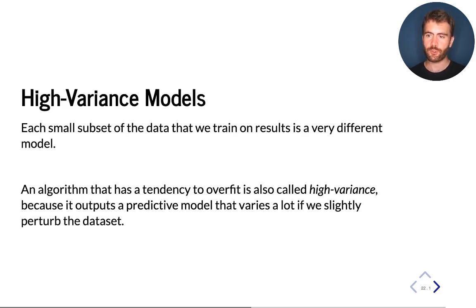If we slightly perturb the data set, so if we were to slightly change one of our points, the shape of the polynomial in the bad regions would change dramatically. And because performance changes so much depending on these small perturbations in the data set or small samples, we call this algorithm high variance. Its predictive model varies a lot depending on how we perturb the data set.